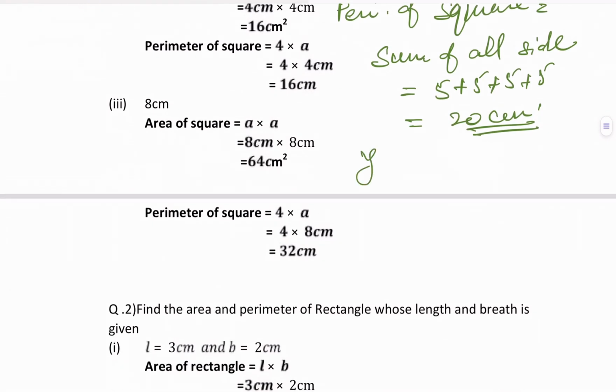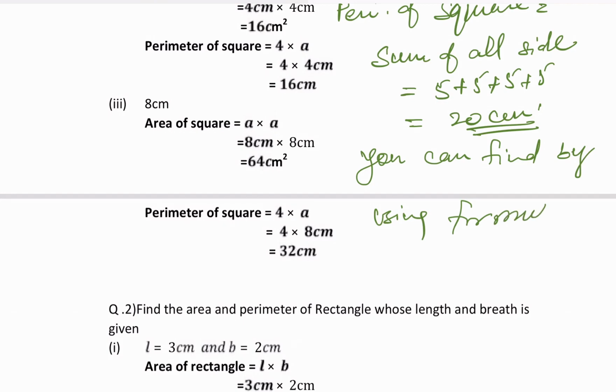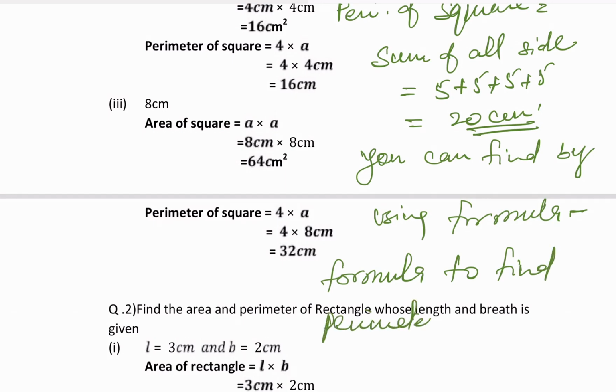You can also find it by using the formula to find the perimeter of a square, which is 4 into side.